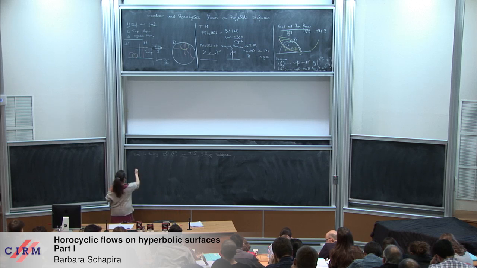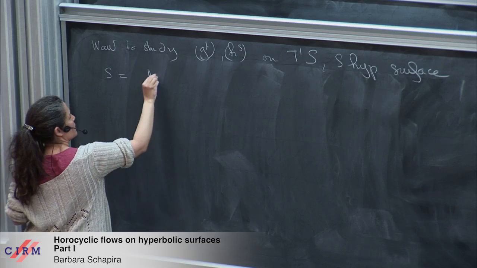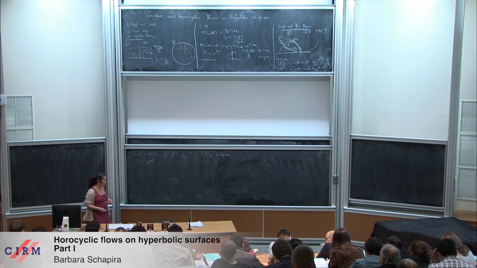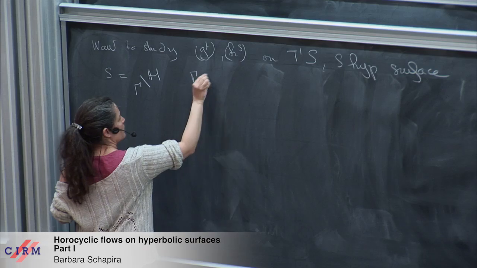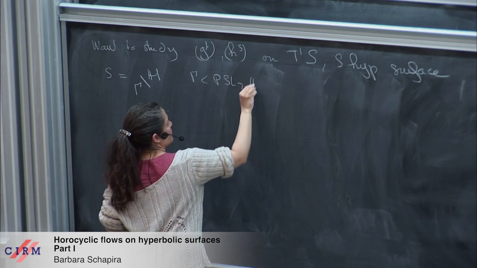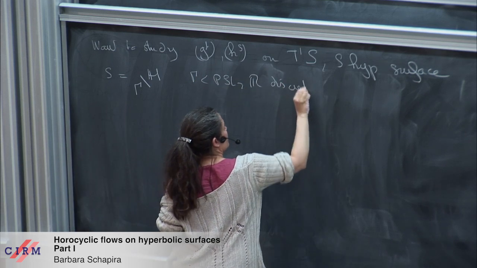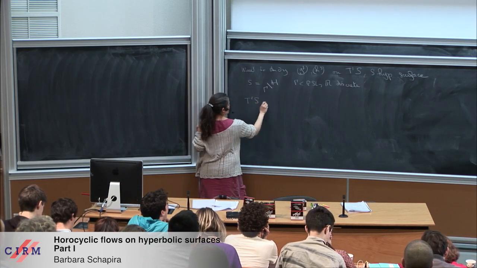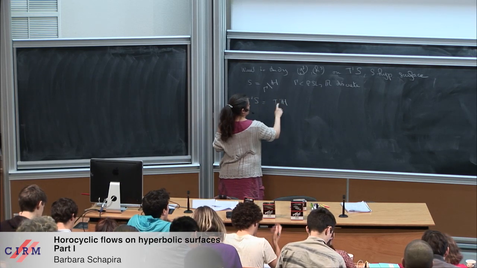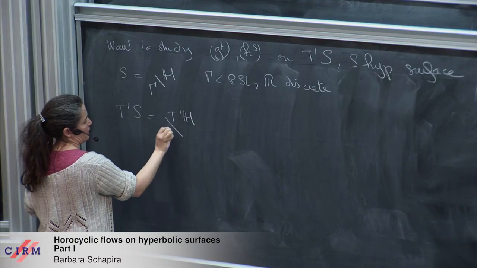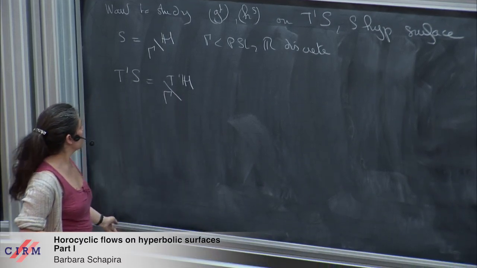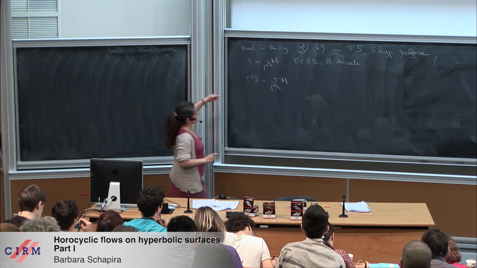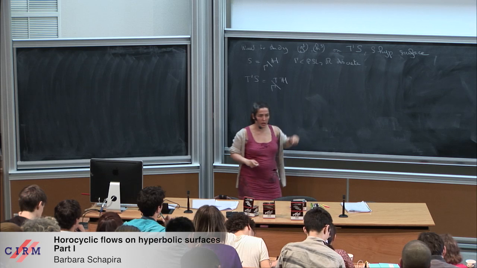And so any hyperbolic surface can be written as a quotient of the hyperbolic plane by a discrete group of isometries. And the unit tangent bundle is a quotient of the unit tangent bundle of the hyperbolic plane by the action of gamma. And the point is that it's easy to see that the geodesic and horocycle flows commute with isometries.